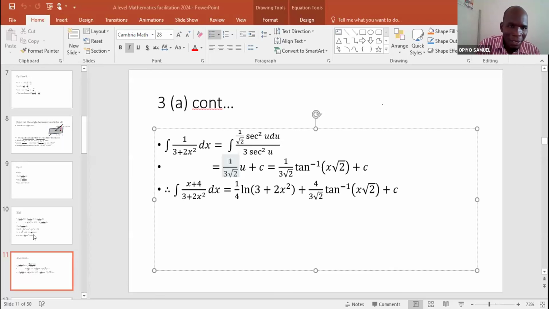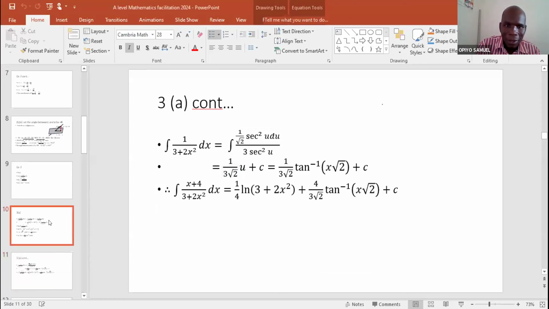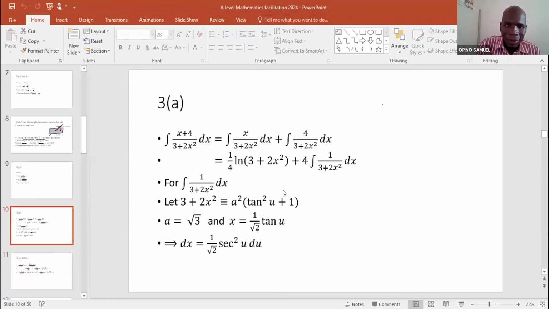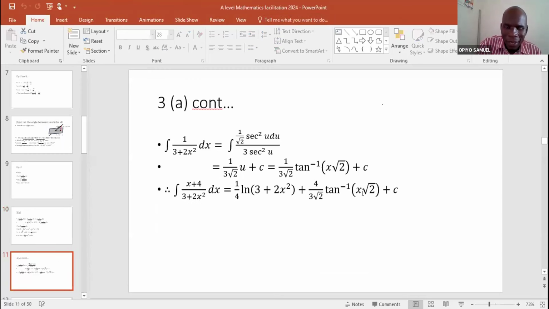Okay. Let me see. For us, here I'm getting 4 out of root 6 tan inverse of root 2 x, on the solution, part B, this one? Yeah.